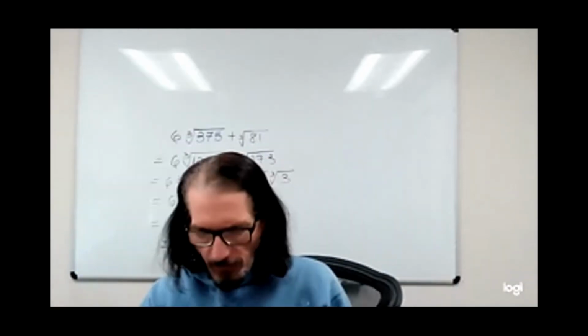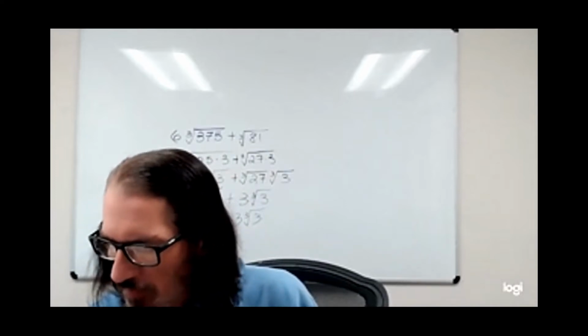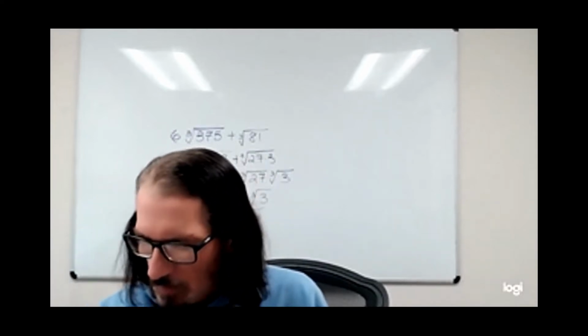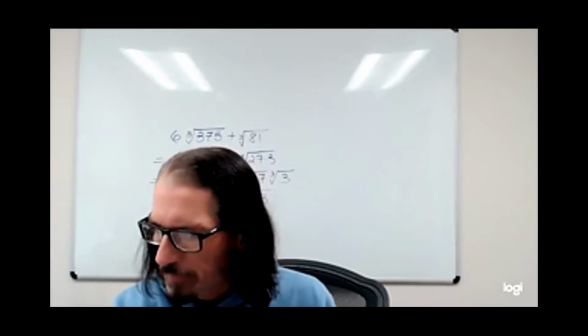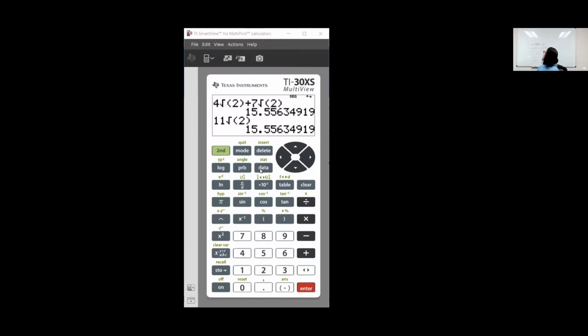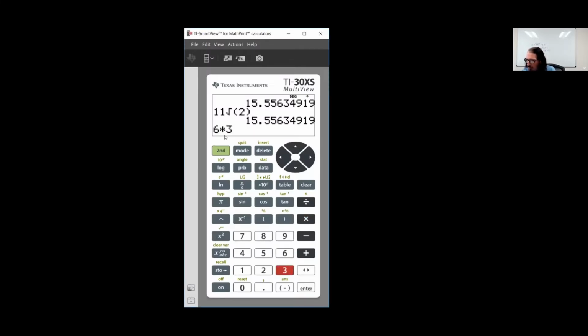You can do the same kind of check on the calculator. All right, so 6 times the cube root of 375, plus outside of that, 3 times the cube root of 81, and that's our decimal approximation.